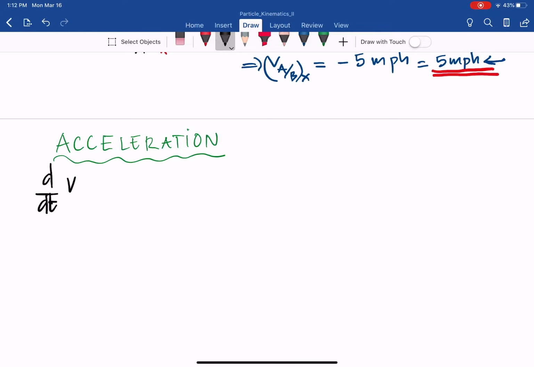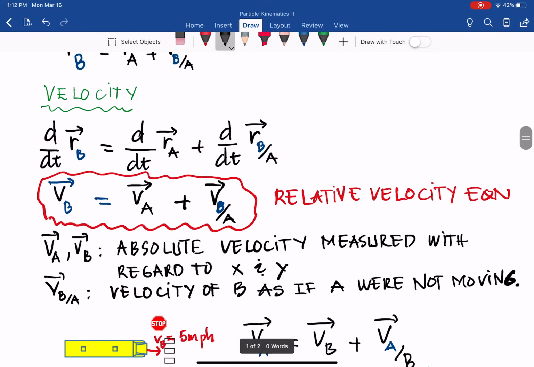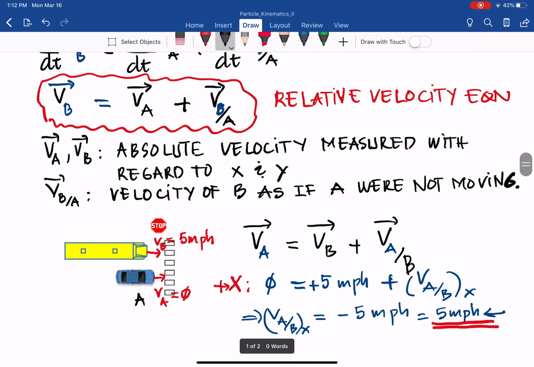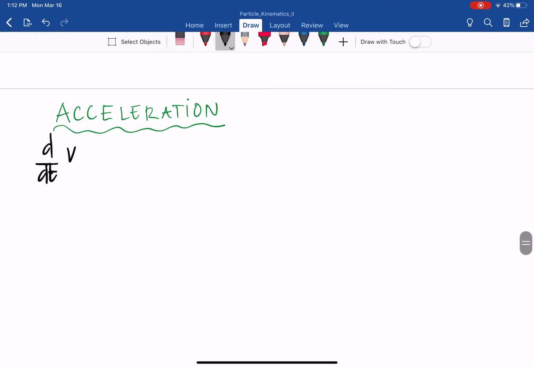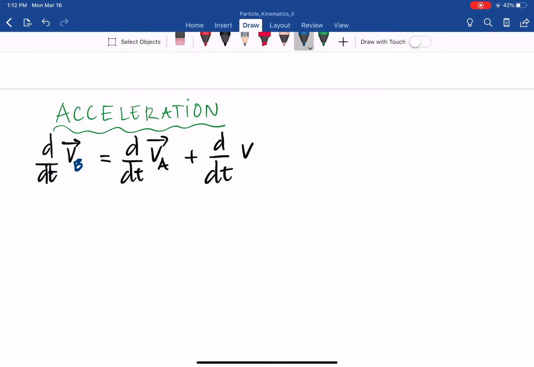So we write the V_B vector equal to d over dt of V_A plus d over dt of V_B relative to A.